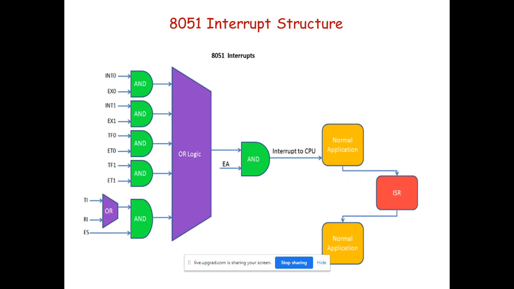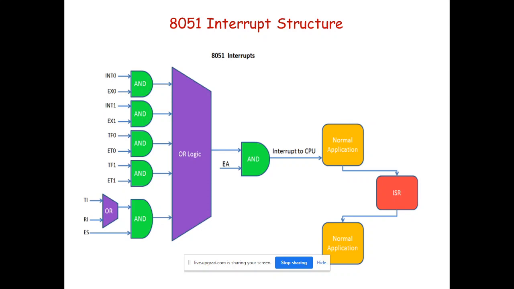One more last point is the priority of interrupts. With the help of the priority structure, we can change the normal priorities. Reset has the highest priority and serial communication has the lowest priority. But suppose, from the customer's choice or application point of view, the customer wants to change the priority, he or she can change it with the help of the IP register.